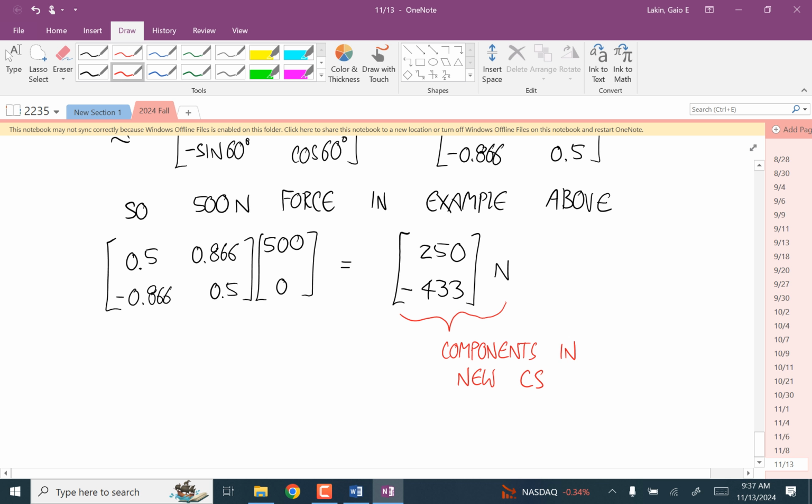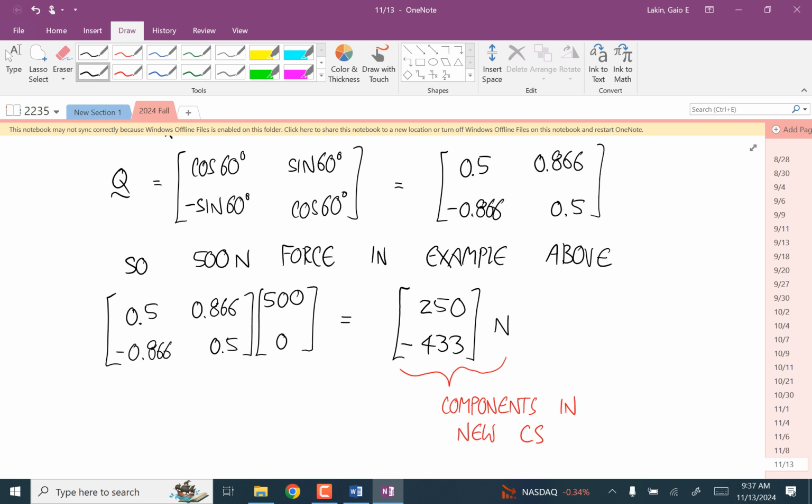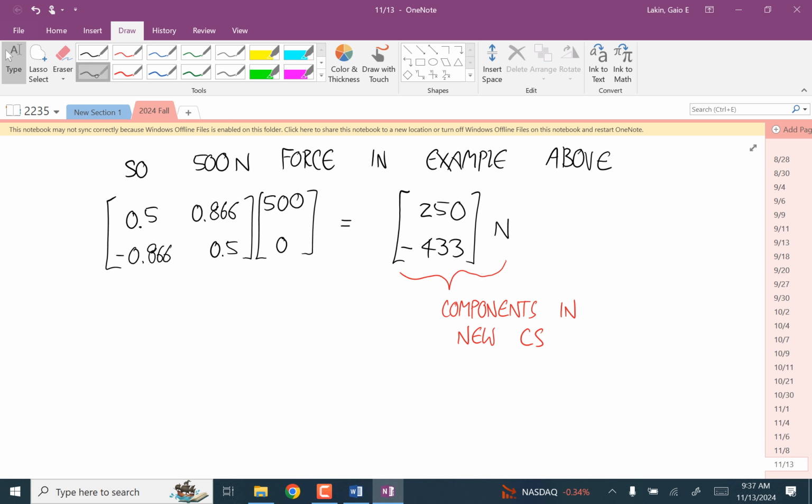And for actually doing that calculation, all of your calculators will do that. If you just enter these values into a matrix and use the regular multiplication symbol with a column vector, it'll give you that answer. Okay, so you'll do that for all of the point forces.